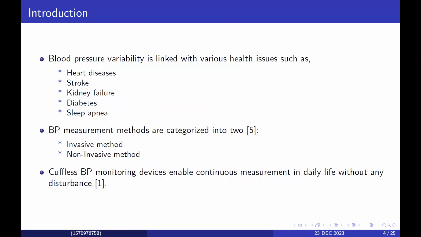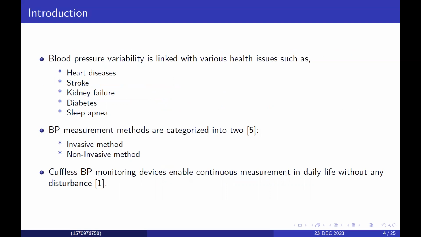Hypotension and hypertension are linked with various health issues such as heart diseases, stroke, kidney failure, diabetes, sleep apnea, etc. So this highlights the importance of BP monitoring in daily life. BP measurement methods are categorized into two: invasive and non-invasive.